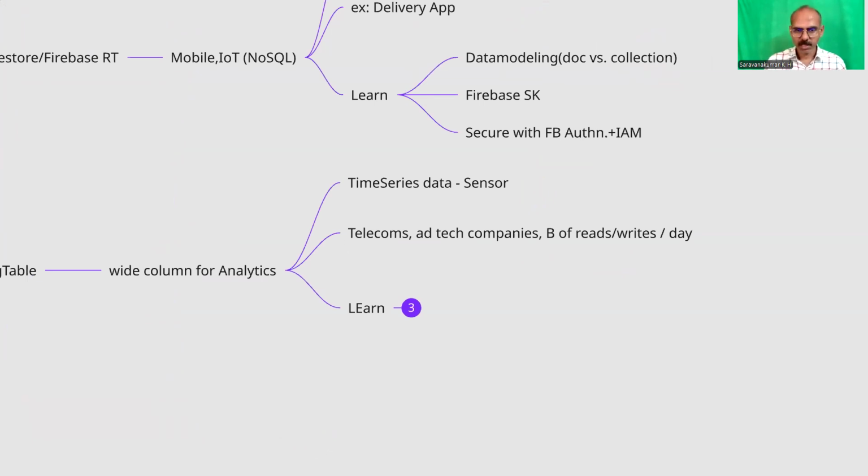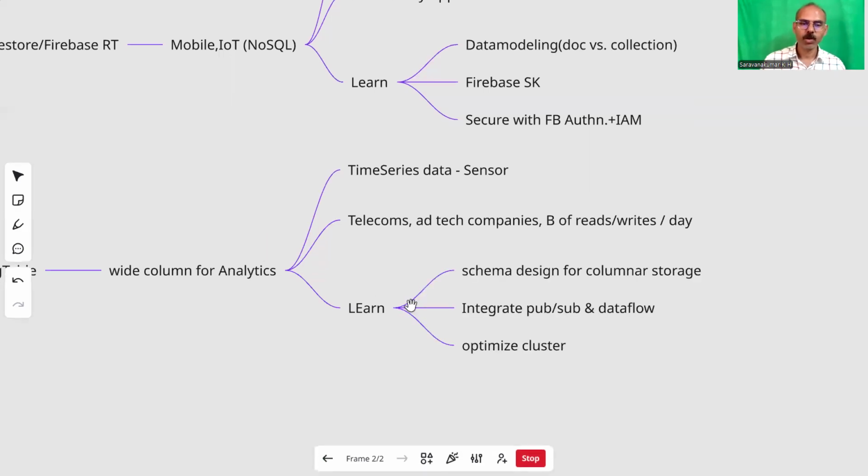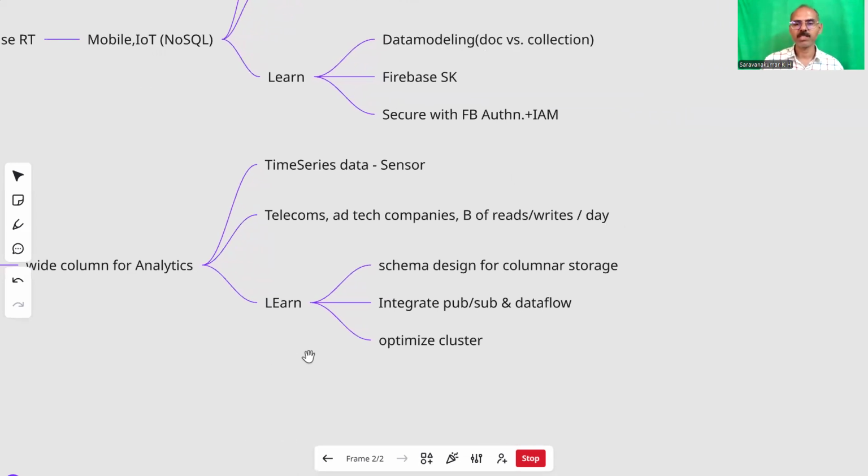The industries you can see are telecoms and ad tech companies, where billions of reads or writes per day can happen through this database. And what you can upskill from the learning perspective is schema design for columnar storage, how you can integrate it with Pub/Sub and Dataflow, and optimization, how you can optimize with clustering.